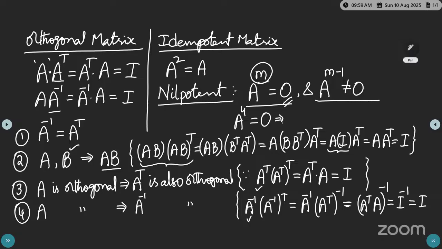Again what you can say? A power 8 also 0. Am I right or not? Yes or no? So here, what is the index? Is it 4 or 8? The least positive integer is to be considered as the index.